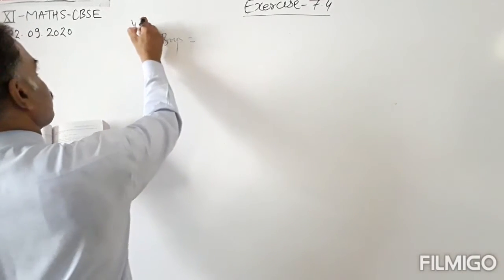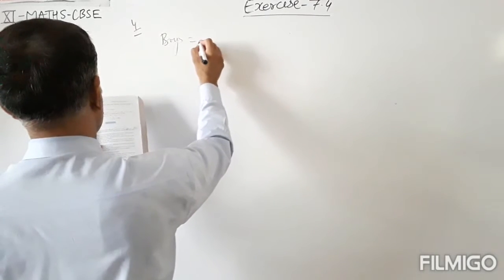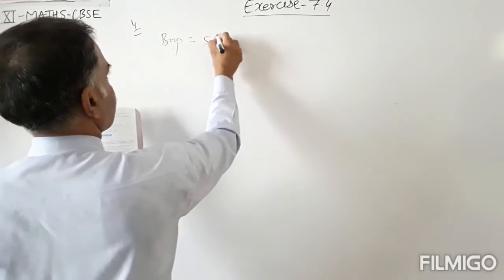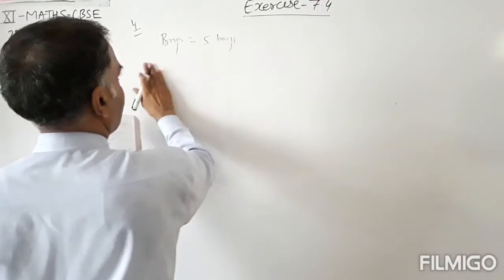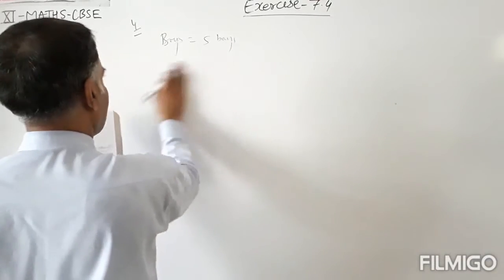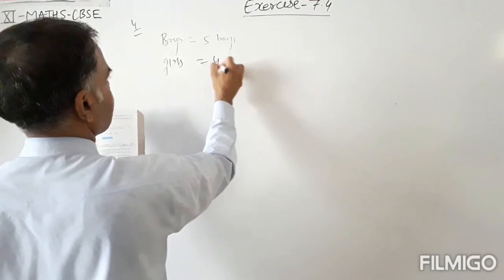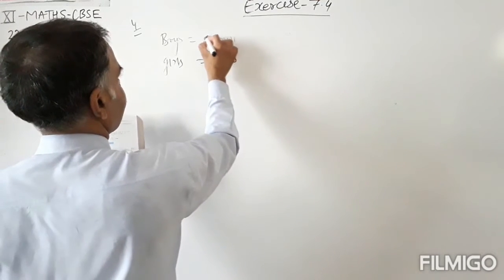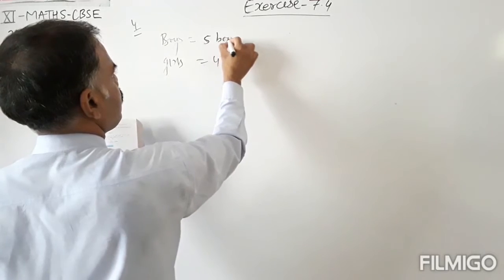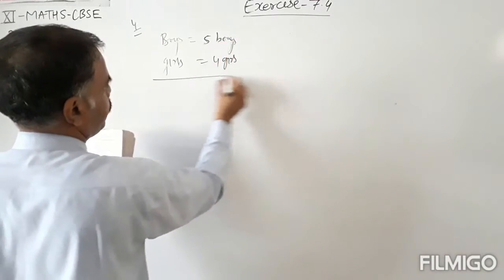Selected from 5 boys and 4 girls means we have been given total boys, that is 5 boys, and also we have been given girls. Girls are total 4 girls. 4 girls and 5 boys. Okay, and we have to select a team.